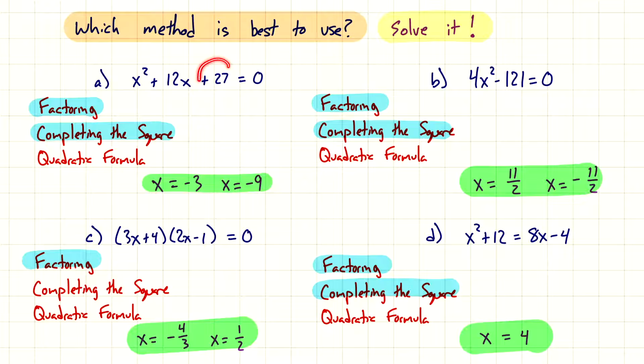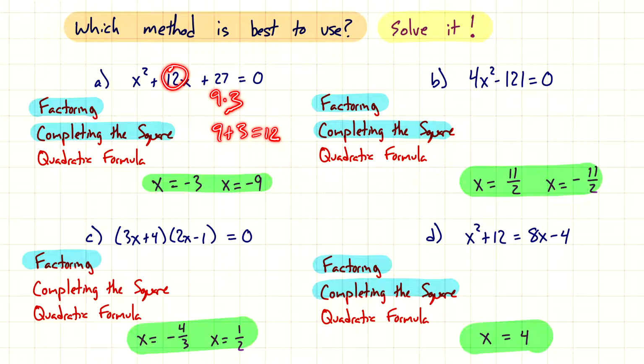So I do look at the number 27 and I try to think of factors of 27. And so in my head, I'm thinking, oh, 9 times 3 is 27. And then I add the numbers 9 plus 3, right? 9 times 3 is 27. And I notice 9 plus 3 equals 12, which is that number.